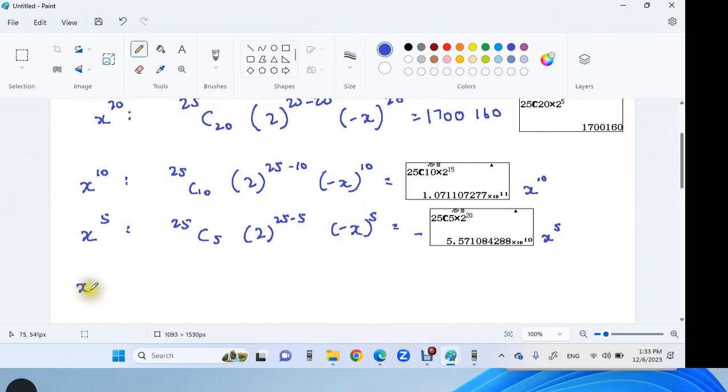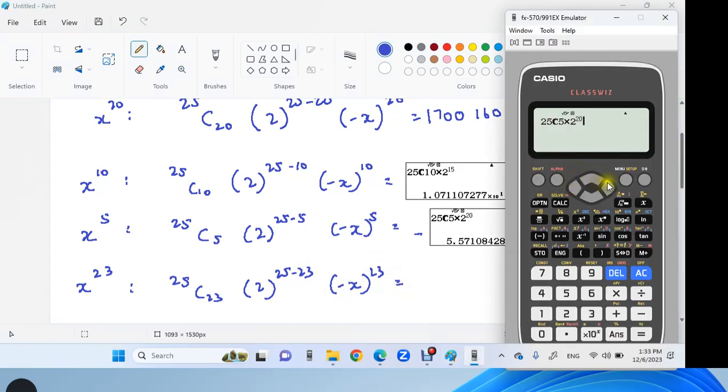Okay, if we want to have the x to the power of something like 23, so we have 25C23, 2 to the power of 25 minus 23, negative x to the power of 23. So we have this one 25C23, and then 25 minus 23 is 2.